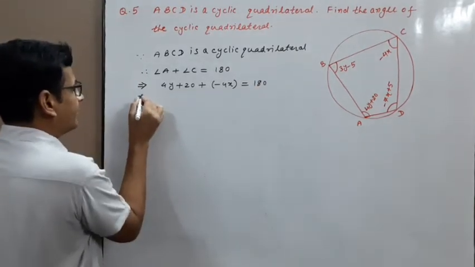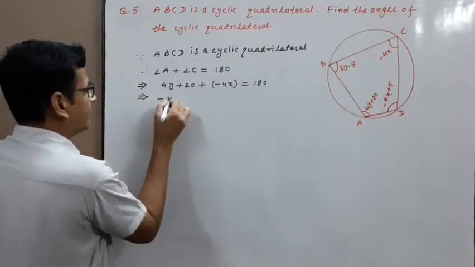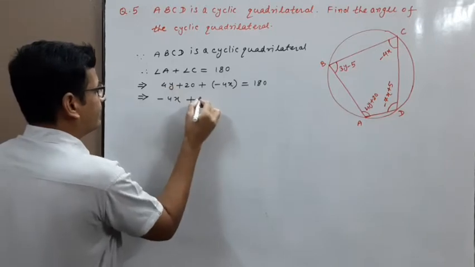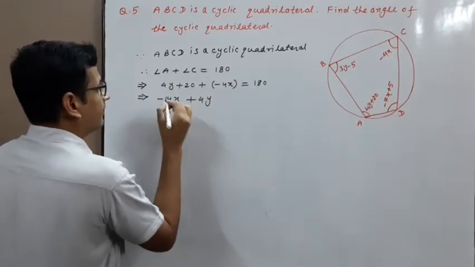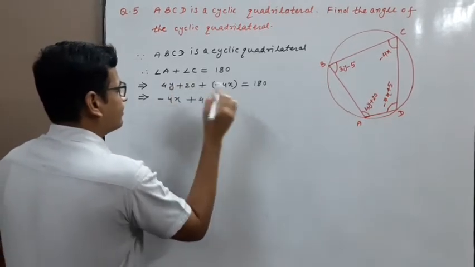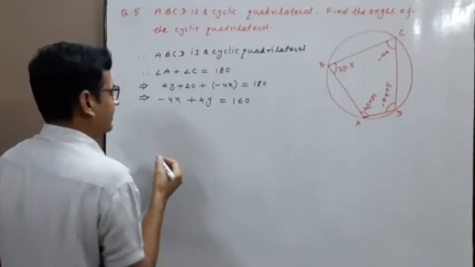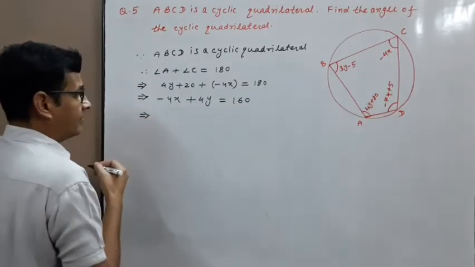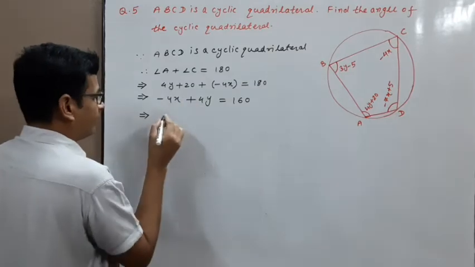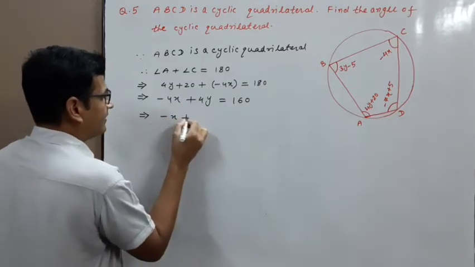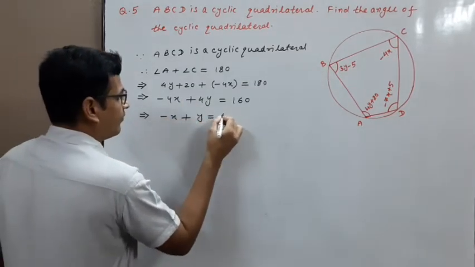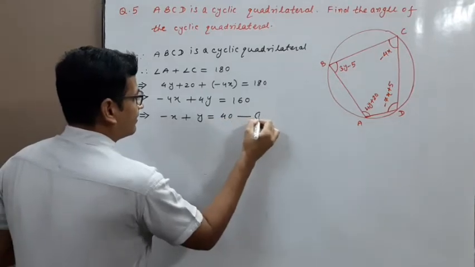Now rearrange the equation. First write minus 4x, then write plus 4y is equal to 180 minus 20, 160. Dividing throughout by 4, minus x plus y equals 40. Call this equation number 1.